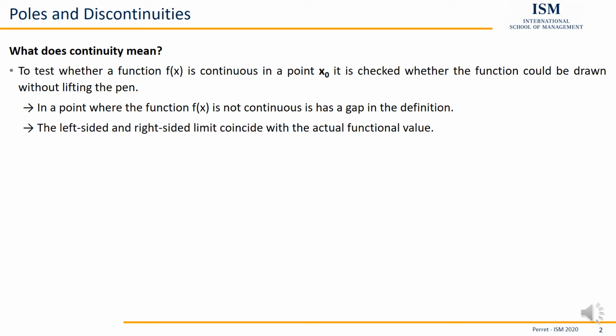And if we are infinitesimally small with the distance to this point, and both of these values we get as a result in our function f of x, then we can say it's continuous. If those values we get from f of x are actually different for the left-sided and the right-sided limit, then we can say it's not continuous.